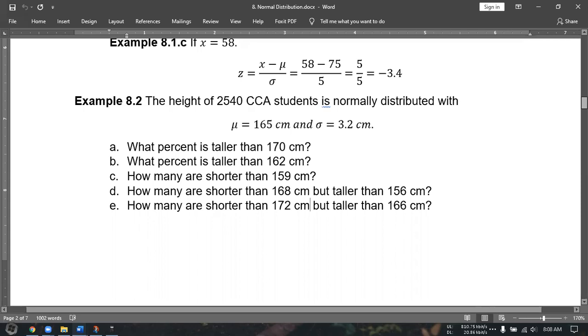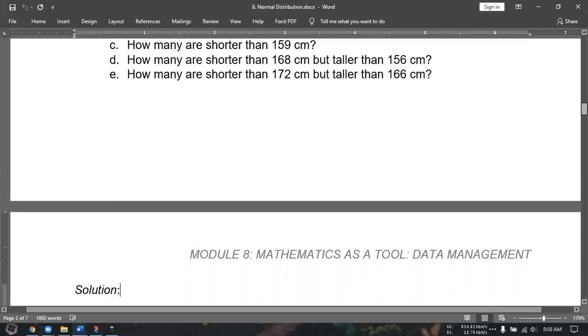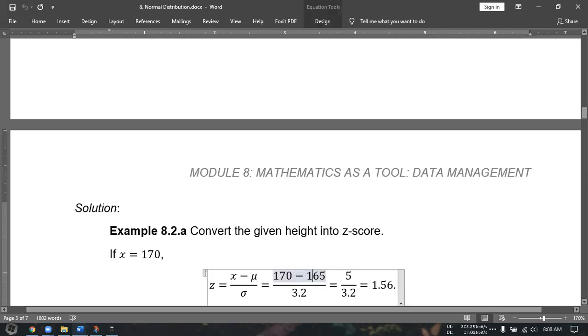Now, in conversion, there's no problem, since this is just the basic part of the solution.